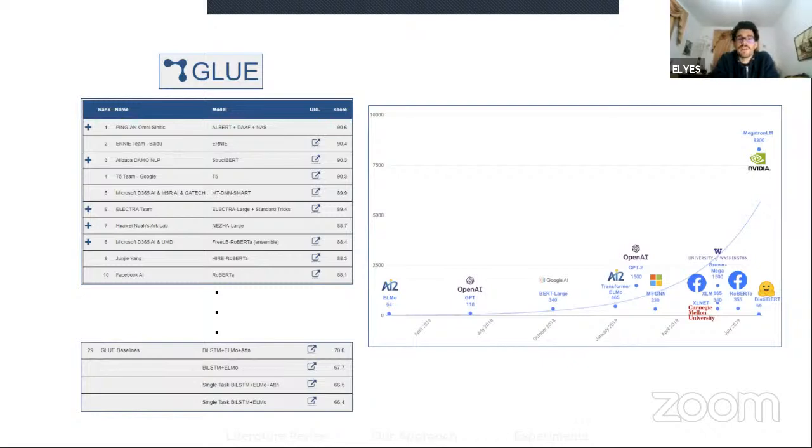BERT, now the de facto base transformer that everyone is based on, has 340 million. Megatron from NVIDIA has 4 billion, and now OpenAI GPT-3 has 175 billion parameters, which is a monster.